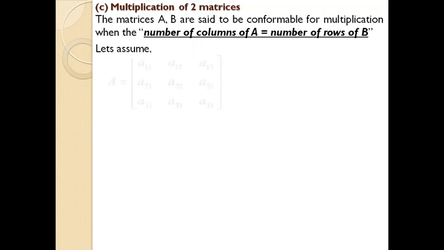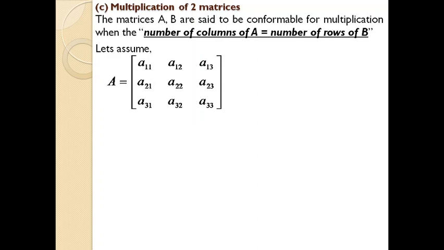Let us assume the first matrix, for the time being, is A. These are the elements of the first matrix. It is of order 3 into 3 because it consists of 3 rows and 3 columns. Instead of using numbers, we can use an alphabet with a subscript depicting its position in the particular matrix.